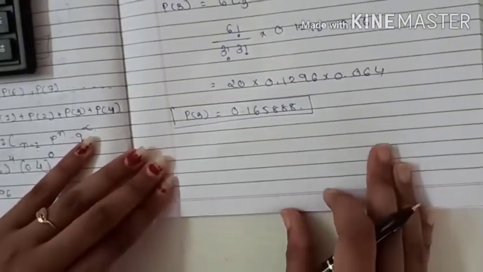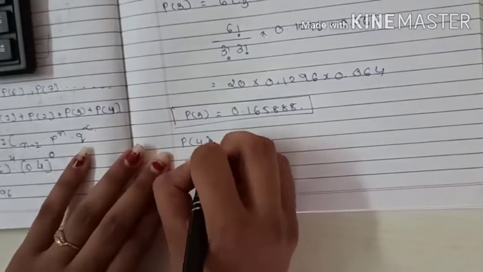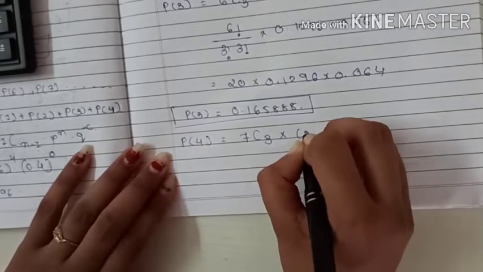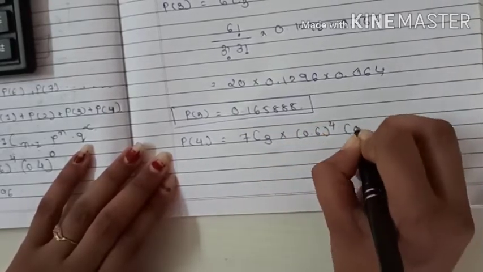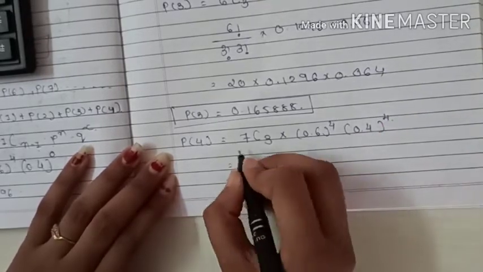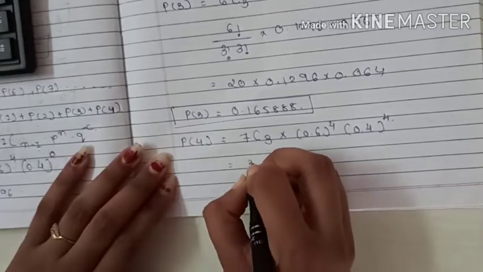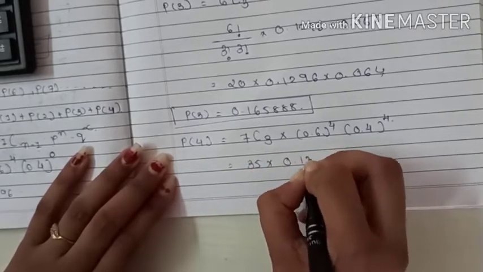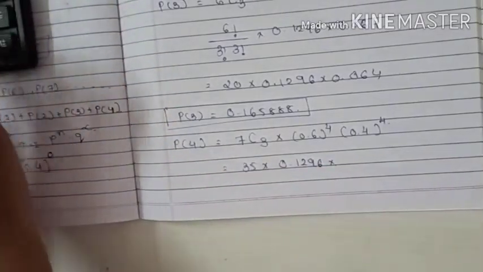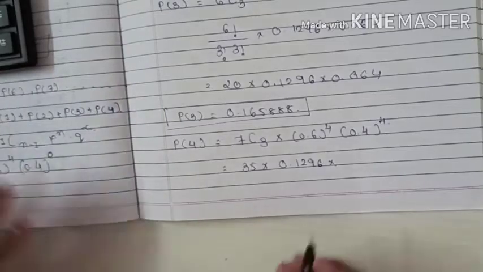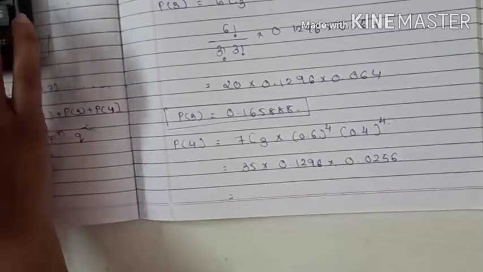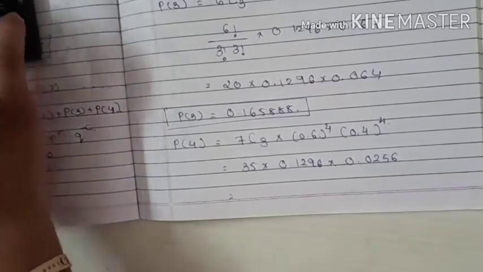The same way we find P4. P4 is 7C3 into 0.6 raised to 4 into 0.4 raised to 4. 7C3 becomes 35, into 0.1296 into 0.0256.